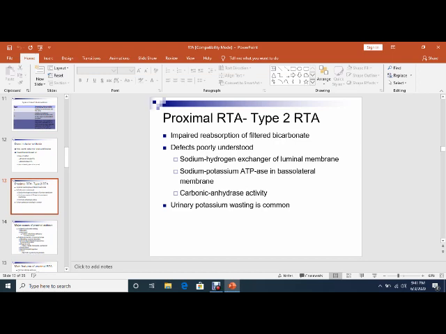That is poorly understood, but the problem is in the sodium hydrogen exchanger of the luminal membrane, the sodium potassium ATPase in the basolateral membrane, and a defect in carbonic anhydrase activity. In type 2 RTA, urinary potassium wasting is common. If you check the spot urinary potassium, that will be high. Potassium excretion is common in case of type 2 RTA.